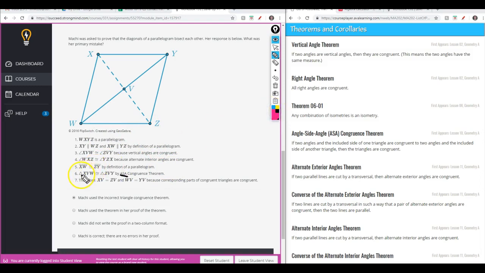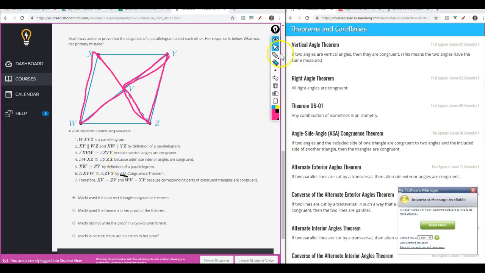So we're looking at triangle XVW being congruent to triangle ZVY. Just pretend that that's a straight line right there going along it. So we have these segments. XY is congruent to ZY. And so there's our side. XW congruent to ZY.